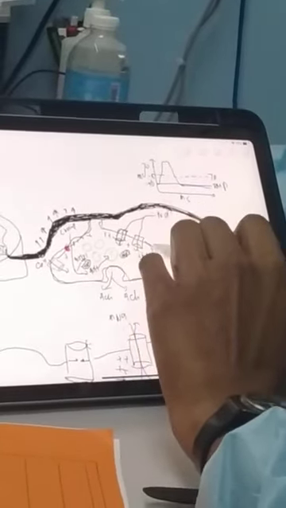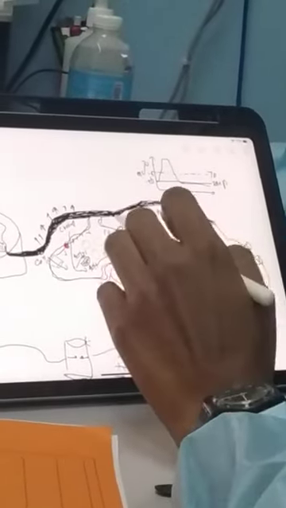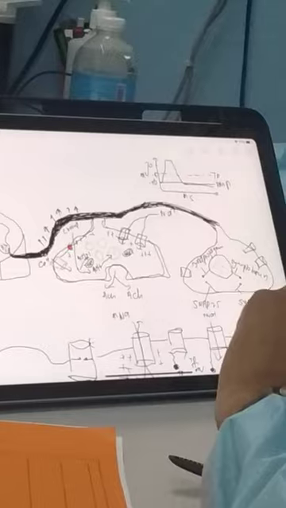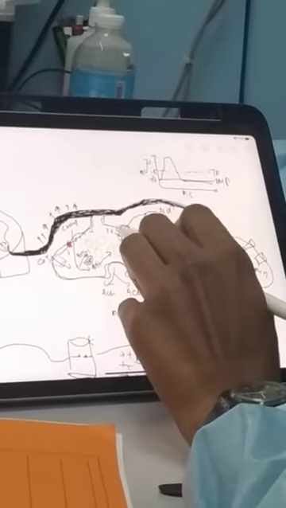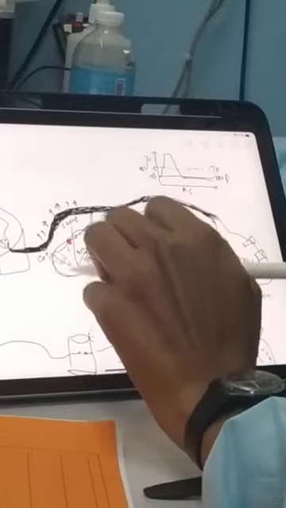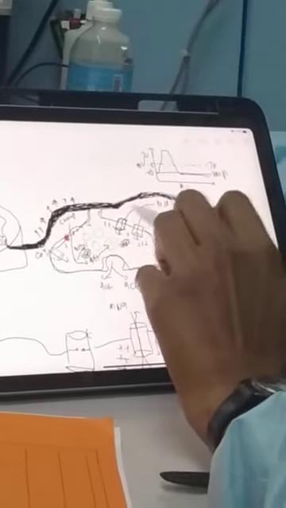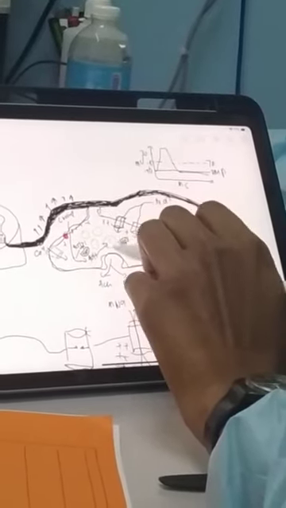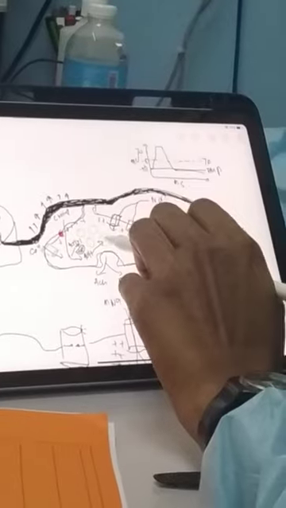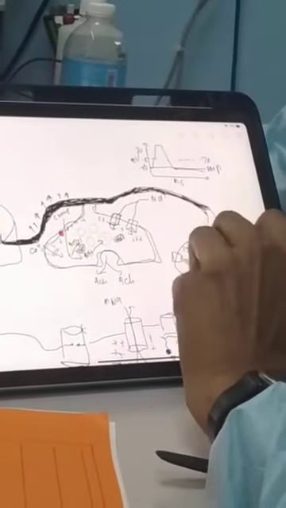Sodium will go in, so the inside of the cell becomes more electropositive. Then, as you can see, there are vesicles here, and all of them contain acetylcholine.